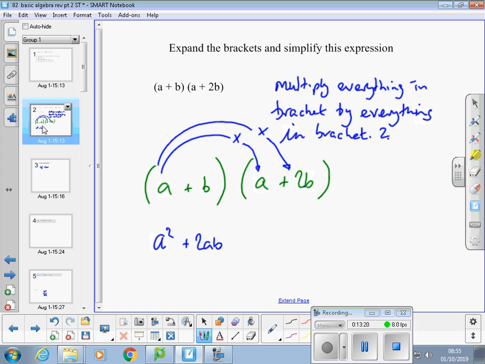Then we do B times A. Right, I'm being consistent and writing them all in alphabetical order, and then we do B times 2B is 2B squared.